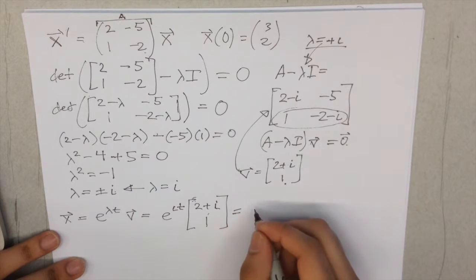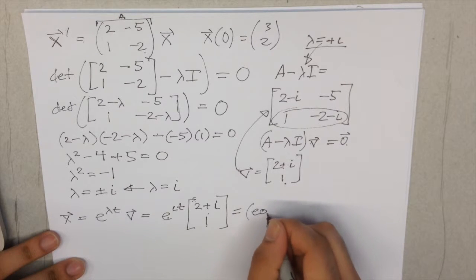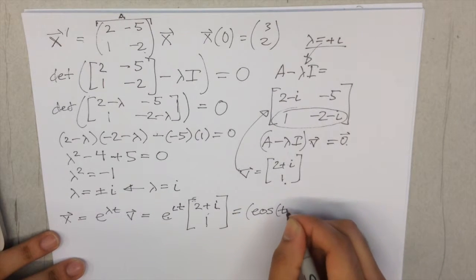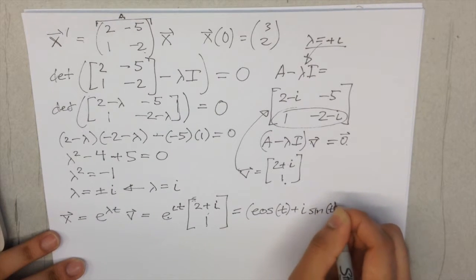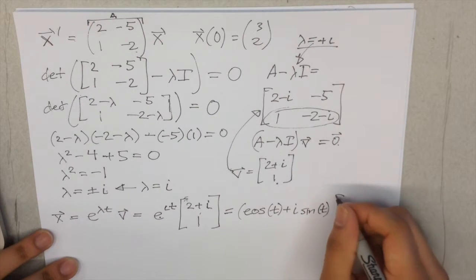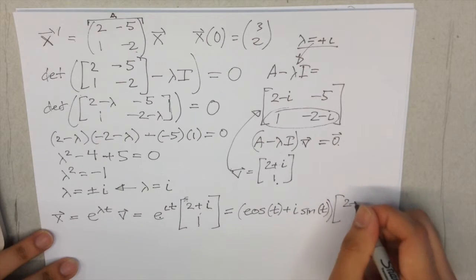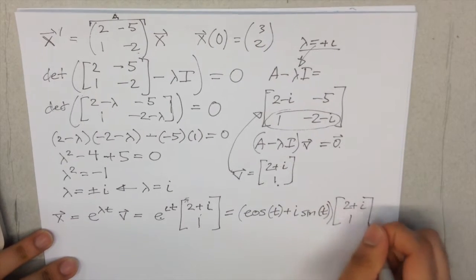Then I use the Euler formula: cosine of t plus i sine of t, times 2 plus i, 1.